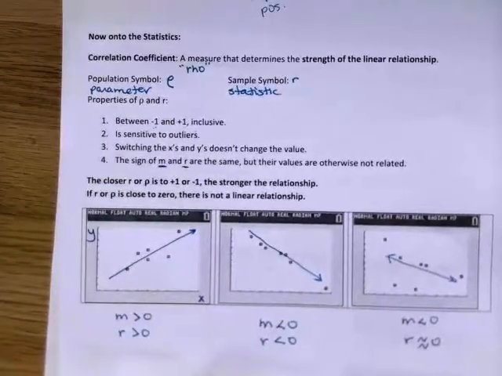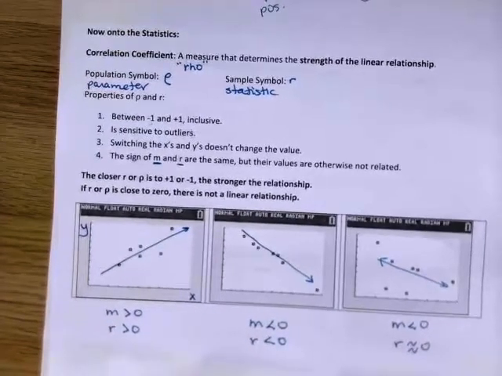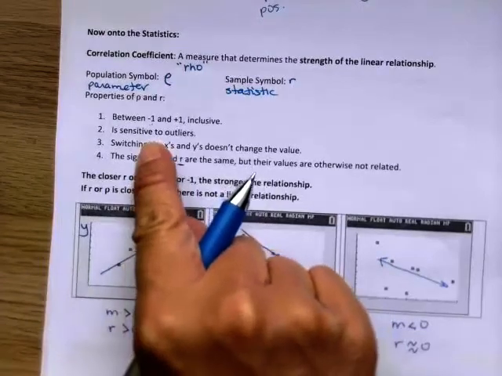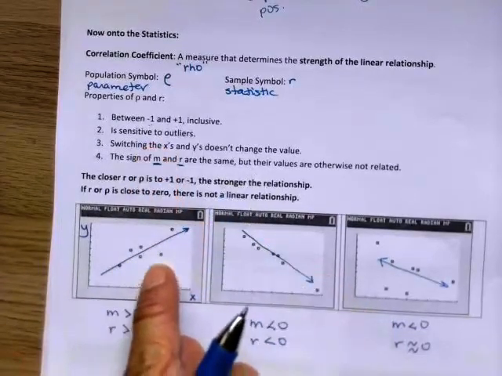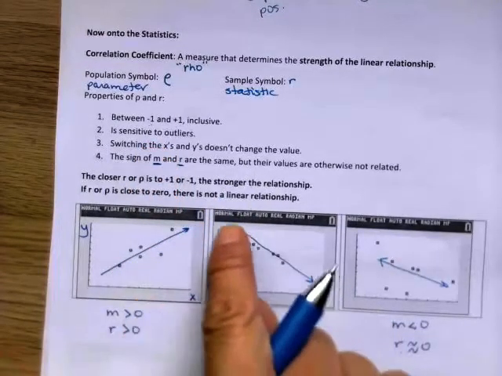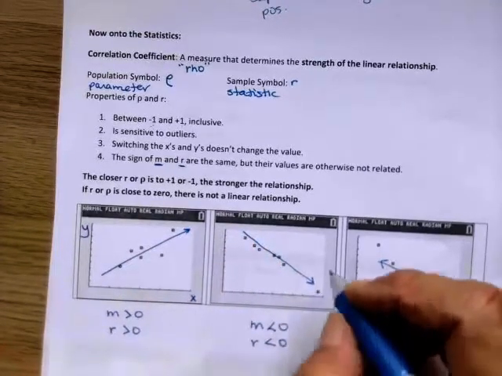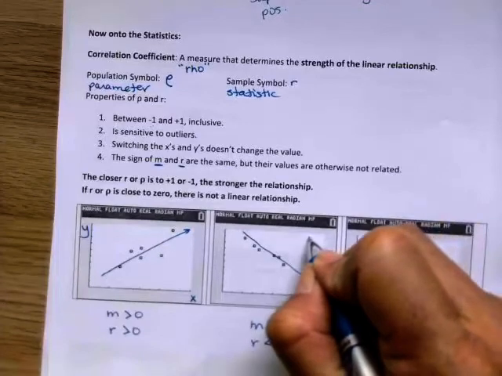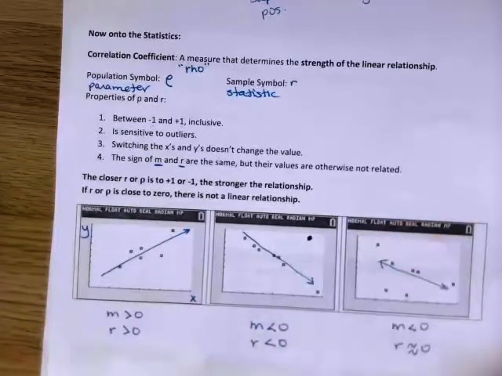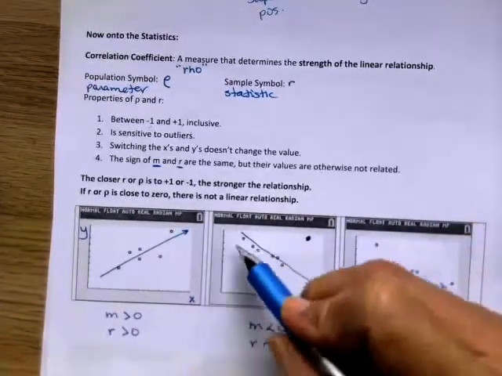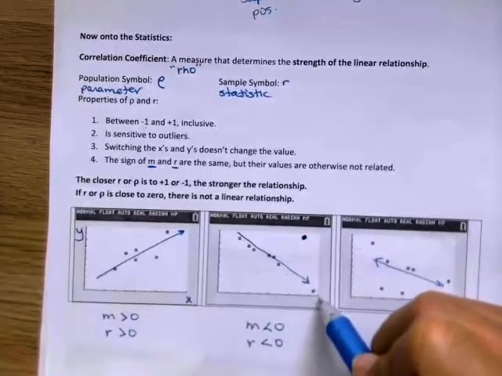Oh, and I said sensitive to outliers. So item 2, right here, sensitive to outliers. Sorry, coming back. If you look at this graph, where we have a really great relationship between our X and the Y, and I had an extra data point up here that's not like the others, that's going to throw my line off.